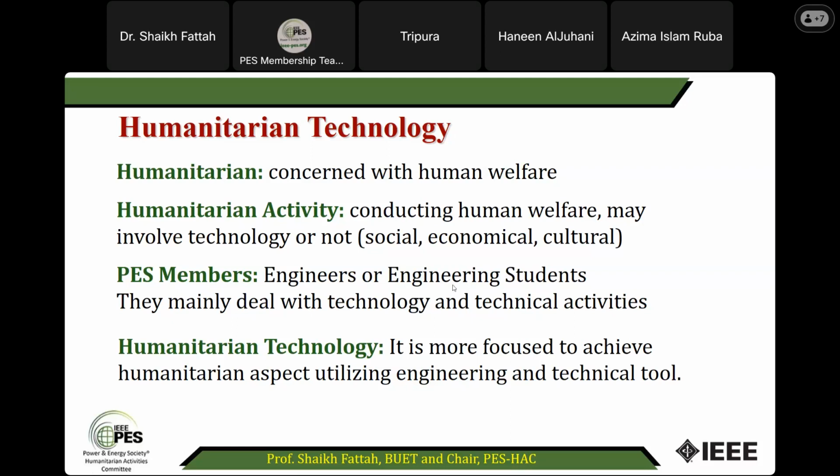That's the area where we are concentrating. You can build some new technology, or you can use existing technology, adapting it to the needs. That's important, because technology is already there. We don't always have to innovate new technology.